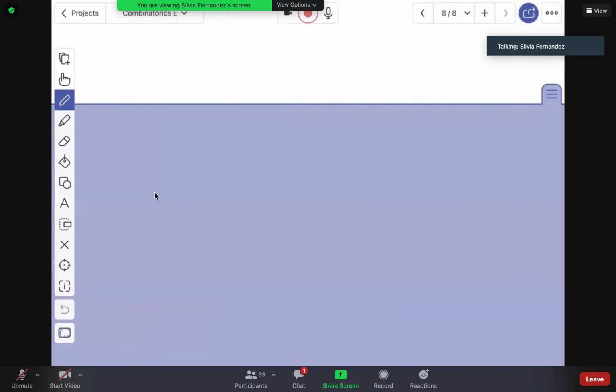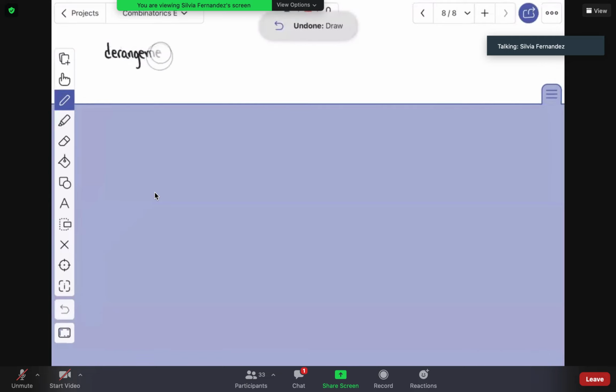So, here's one possibility. A derangement, we skipped this from section A because it actually goes together with this section.